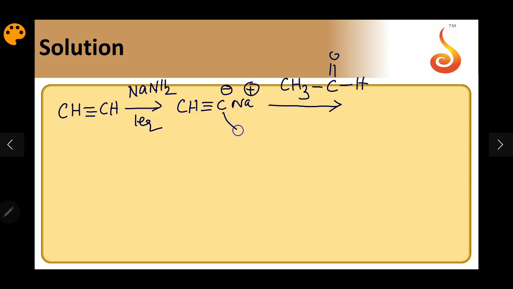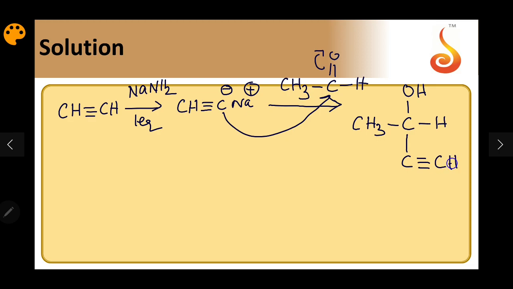So this nucleophile attacks here, and I get a product like this, CH3 CHOH, and this will be C triple bond CH. Now Al2O3 is the next step, dehydration. With Al2O3, there is no other hydrogen available on a triple bonded carbon, so it has to take from CH3 only. So I will be getting CH2 double bond CH single bond C triple bond CH.